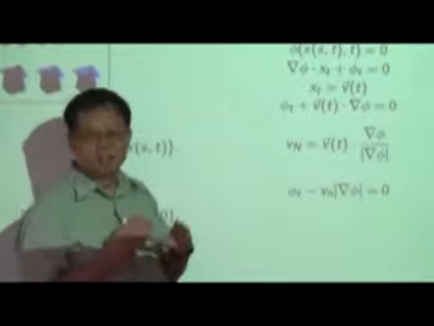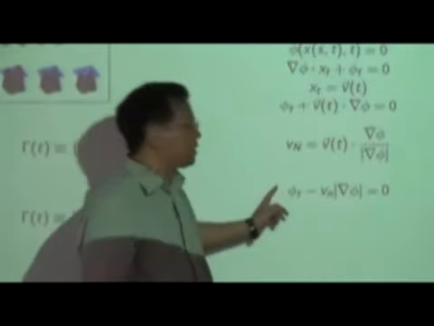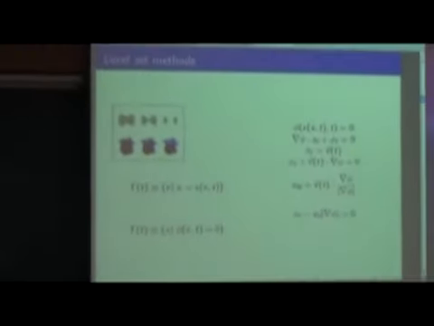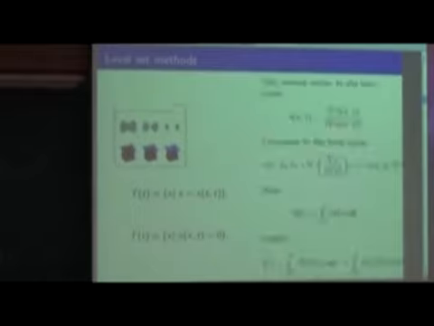If you want to move a curve with a normal velocity V_n, you just solve this one, and the corresponding zero level set will be moved according to this velocity. This is Stan Osher's first invention, right? But there should be V_n there. So this is the level set method, right?